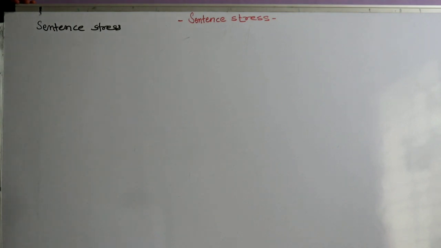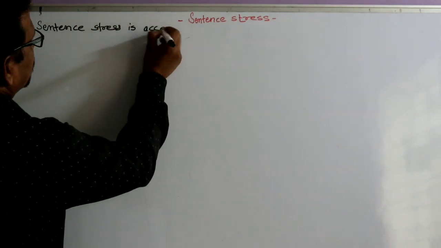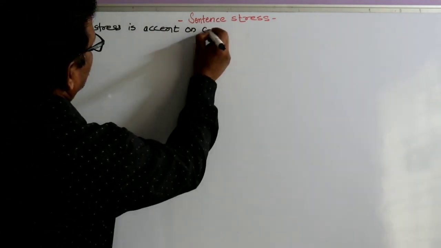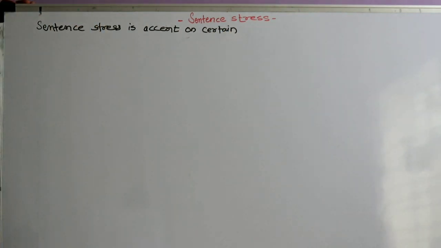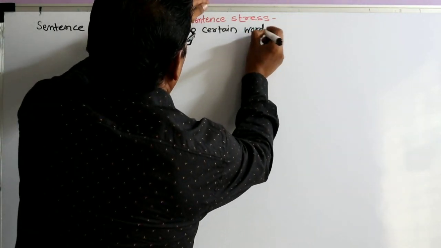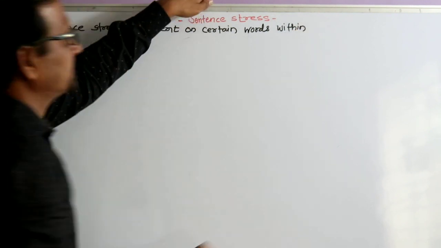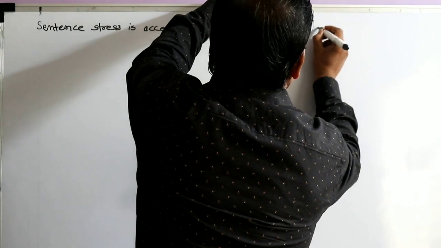Sentence trace is accent on certain words within a sentence.